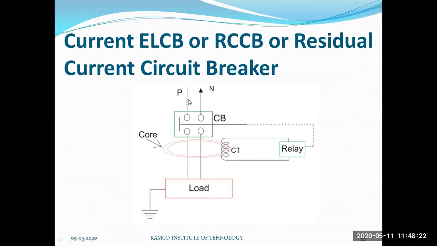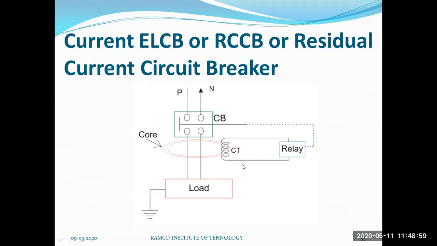So the directions of current flowing in phase and neutral are opposite to each other. Here you have a single phase system with phase and neutral. You have a relay which is connected to the transformer. You have a load which is earthed here. If there is any difference in the current flowing in the phase wire and the neutral wire, that difference in current will also flow through the earth point. So you have current flowing in the earth terminal.